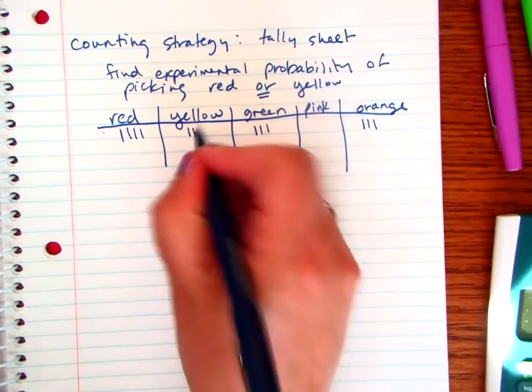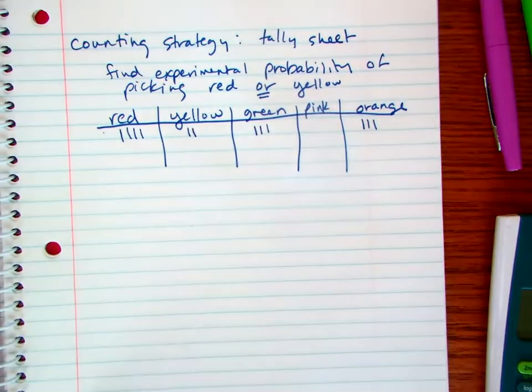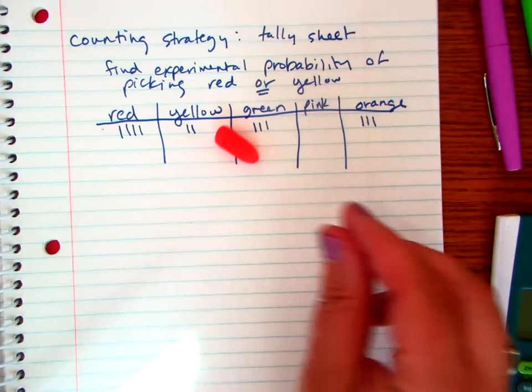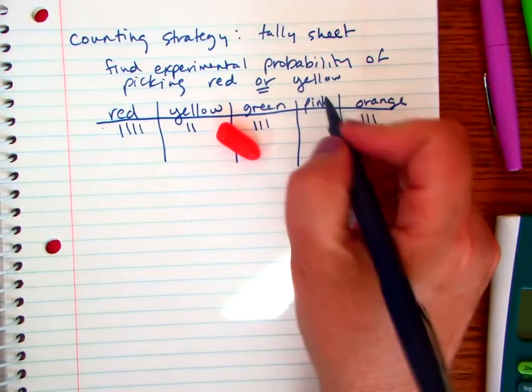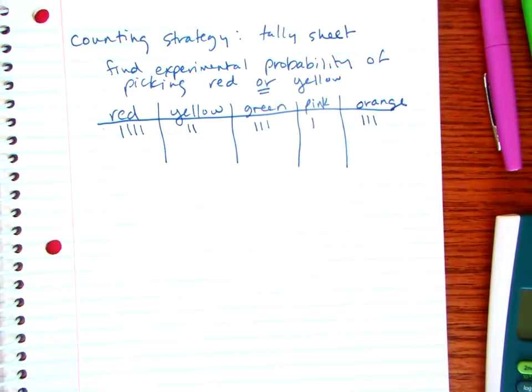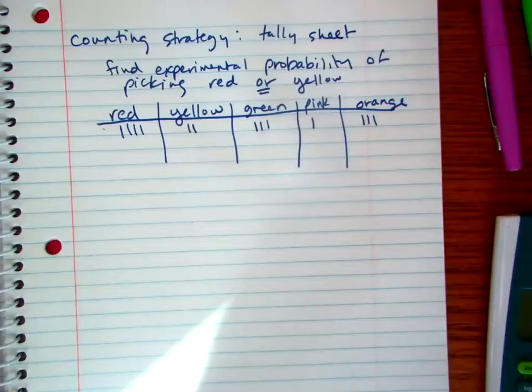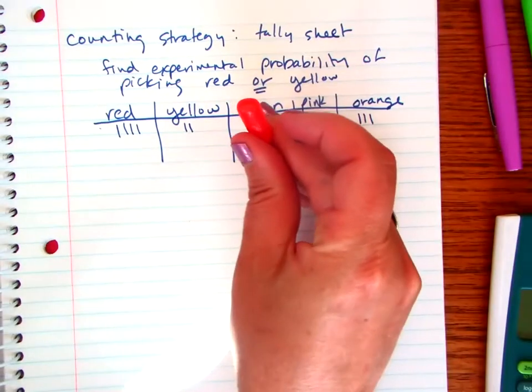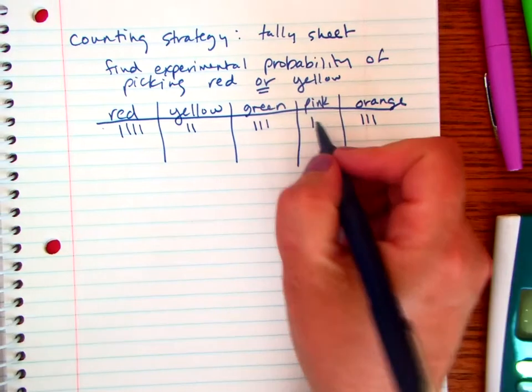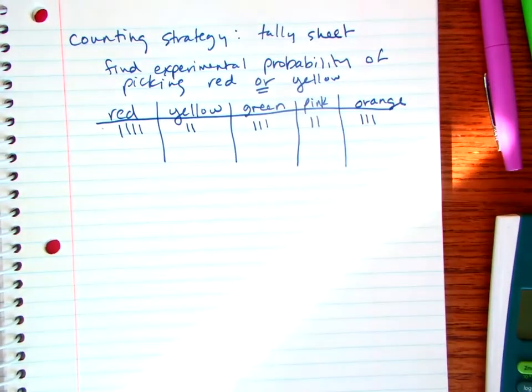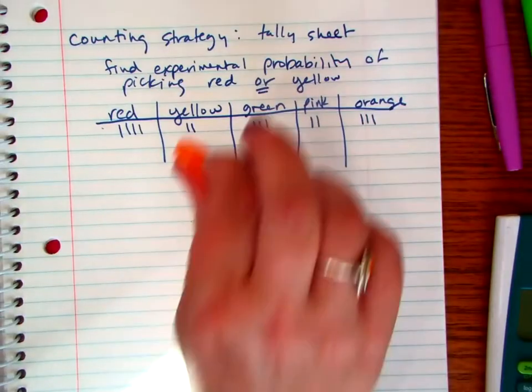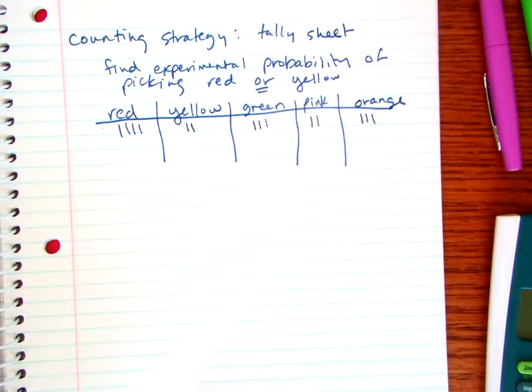That's 12. Ooh, pink. So pink was in there. 13. Looks like another pink there. So 14 picks. Orange. So we're at 15 picks.